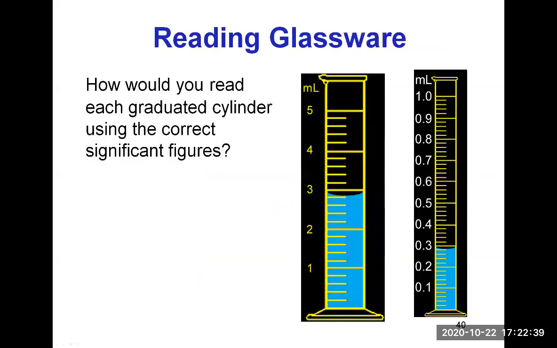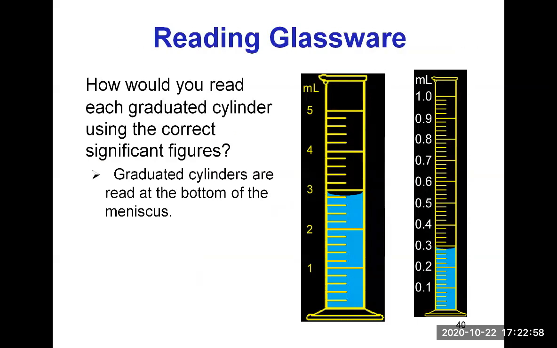So let's practice by reading some glassware. How would you read each graduated cylinder using the correct number of significant figures? So let's start with the larger graduated cylinder that goes up to 5 milliliters.